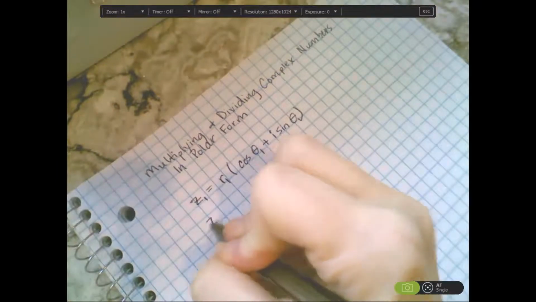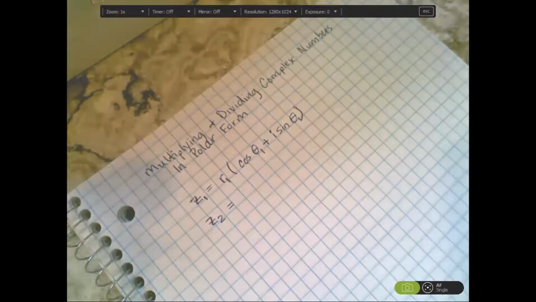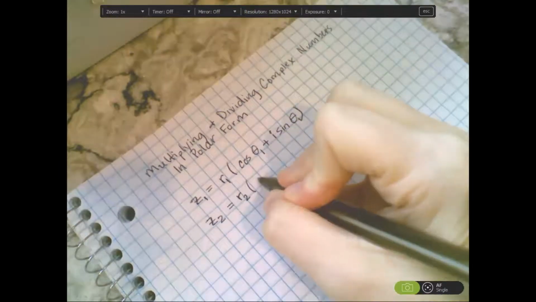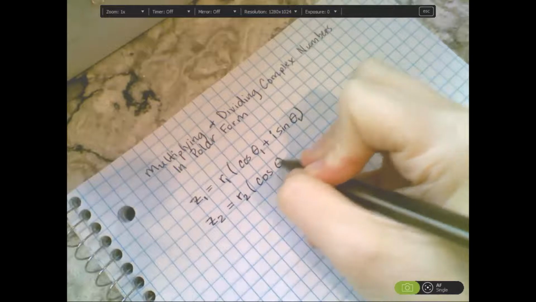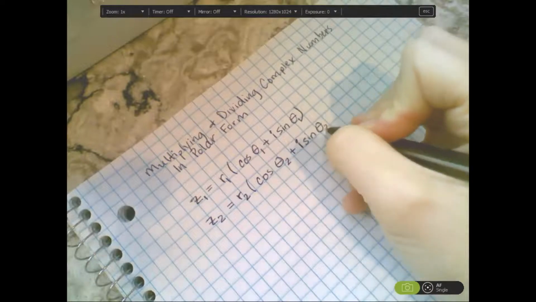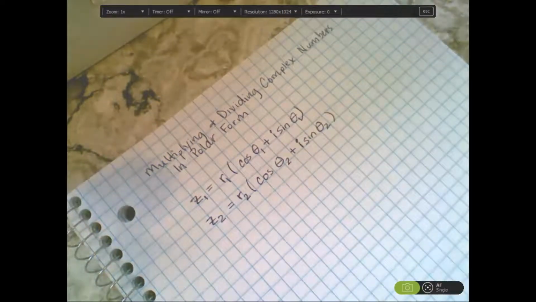And then suppose we have another one, Z2, that looks the same, except it has r2, cosine theta 2 plus i sine theta 2. And we want to multiply those together.